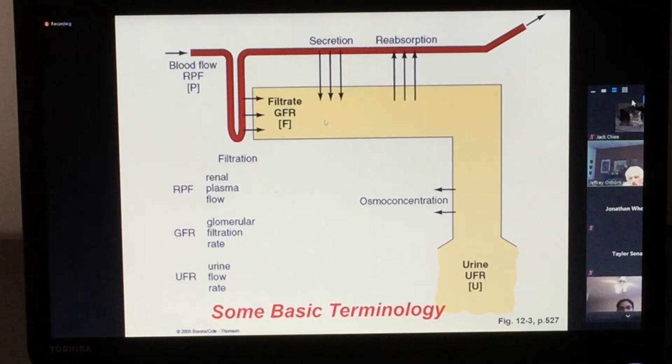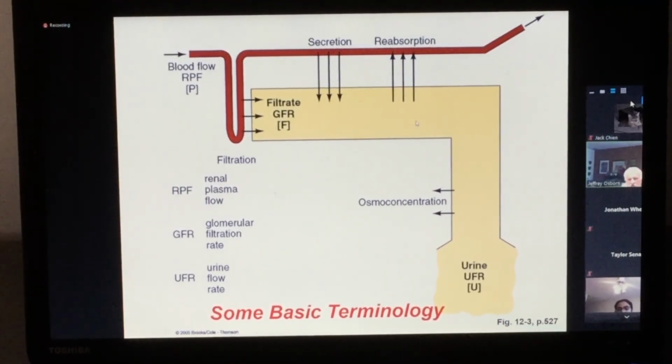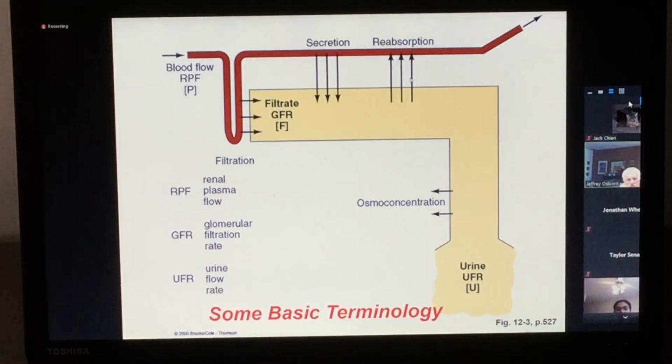So there are two ways we get fluid into the tubule: secretion and filtration. Now we also have the next term, reabsorption. That's the movement of fluid and ions from the tubular fluid back into the plasma.